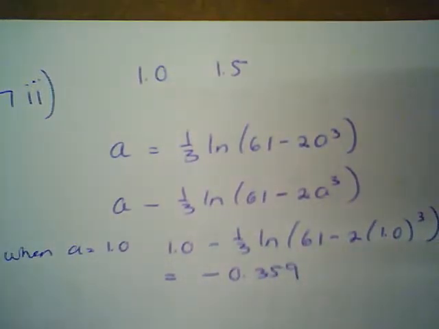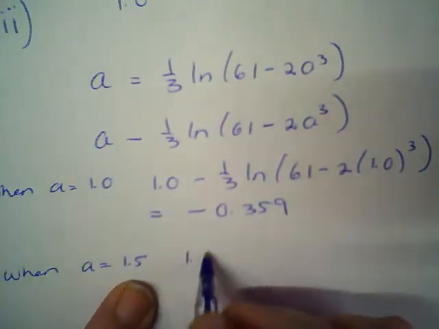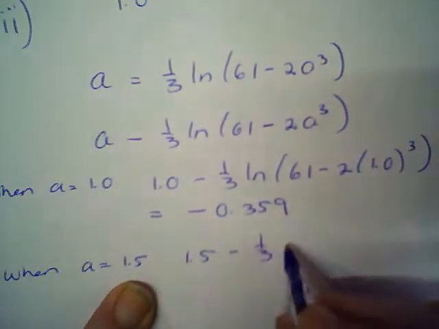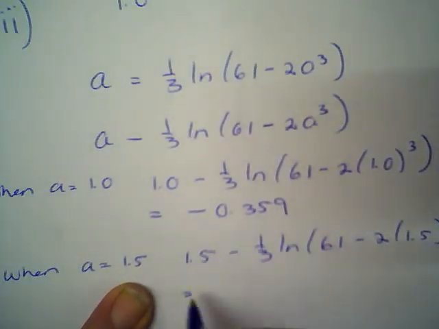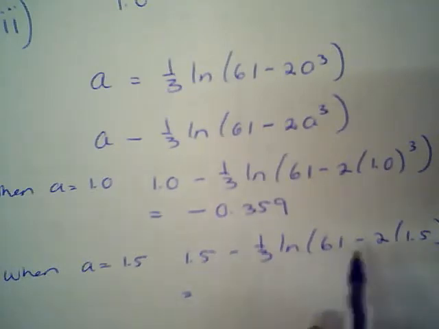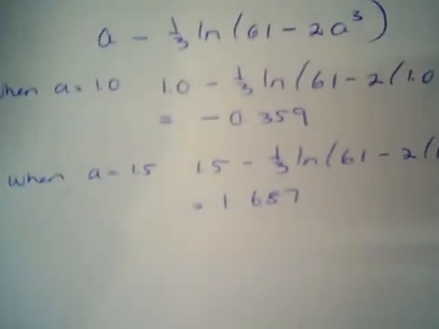Okay, and then we can also state when a equals 1.5. Let me move it up so that you can see. So we'll have 1.5 minus 1/3 natural log 61 minus 2 times 1.5 cubed. And I can plug that into my calculator, and I get 1.687.